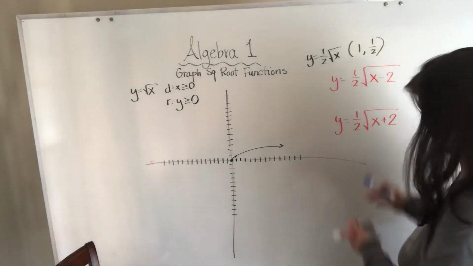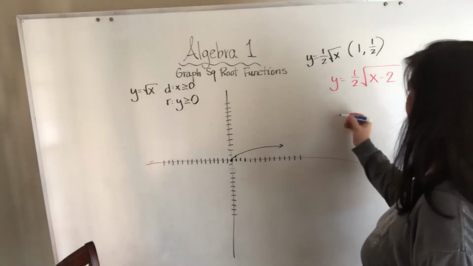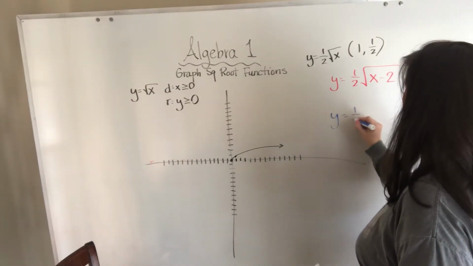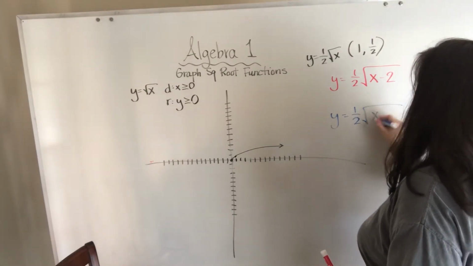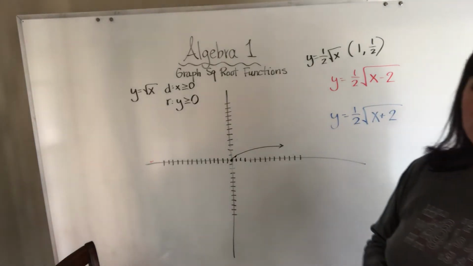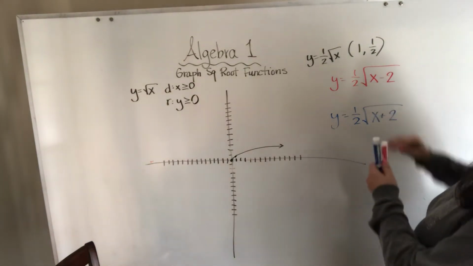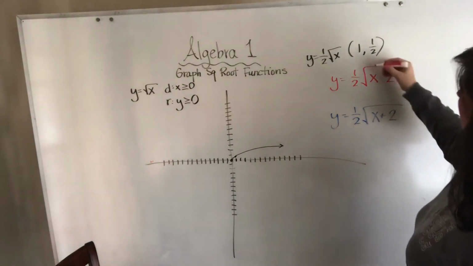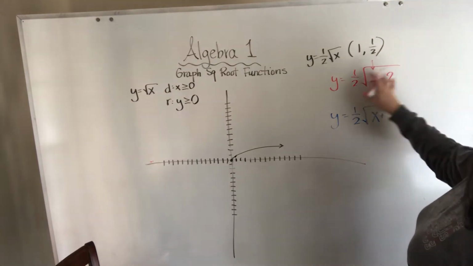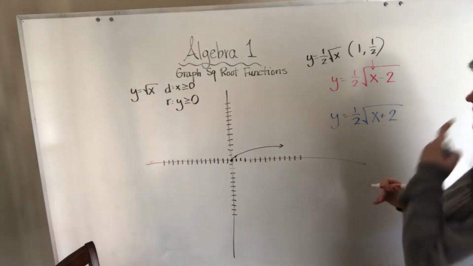Let's do this. We'll do this in red and blue so it's a little clearer. All right, when we do these, hopefully you remembered before we were talking about numbers within parentheses. If there's a number under the radical sign, you're going to look at this and figure out what's going to make this 0. Where is it going to hit my axis? Where is it going to intercept?